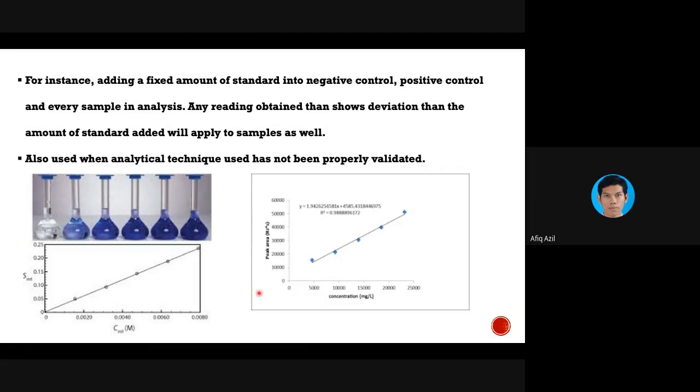Please remember the calibration curve like this. You have to prepare the standard at different concentrations. For example, you have the most concentrated one, then slightly less, and less, and the last one has no standard in it at all.